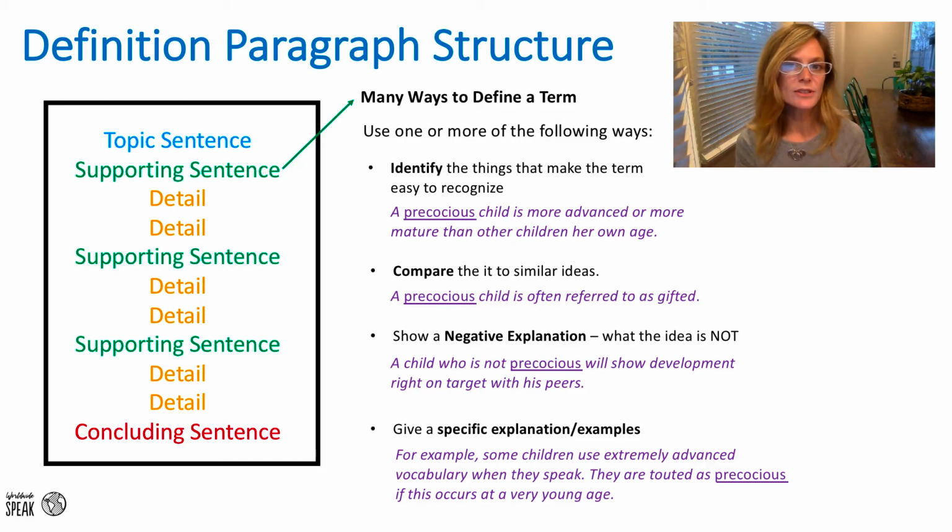A child who is not precocious will show development right on target with his peers. And lastly, we can give specific explanation or examples. And we use here, for example, some children use extremely advanced vocabulary when they speak. They are touted as precocious if this occurs at a very young age.